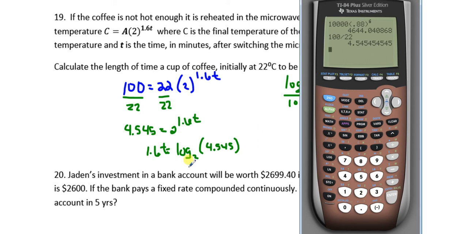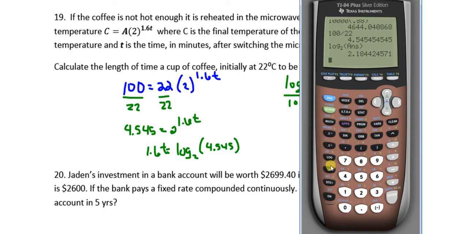Now this calculator, actually I can put in log base 2, and I'm going to put this 4.545. That was my answer from the last one, so I get the exact answer. Second answer, 2.18.